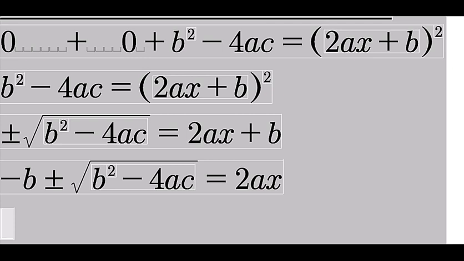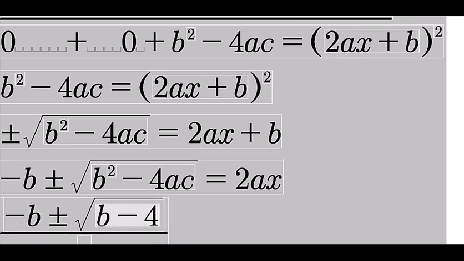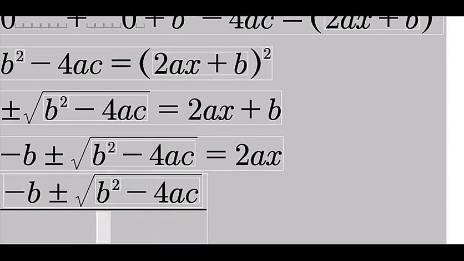So we divide through. Okay, so dividing through by such, we have this fraction here, minus b plus or minus square root of b squared minus 4ac, all over 2a, equal to x.